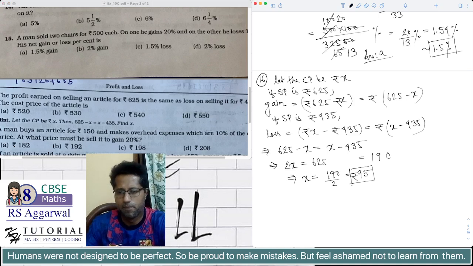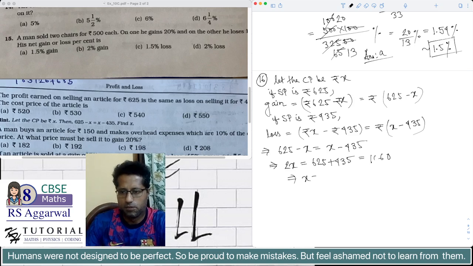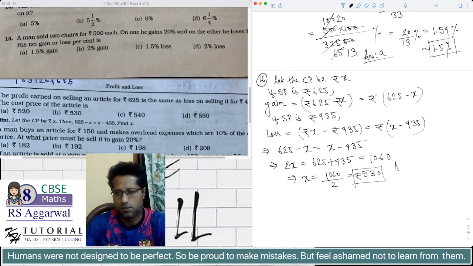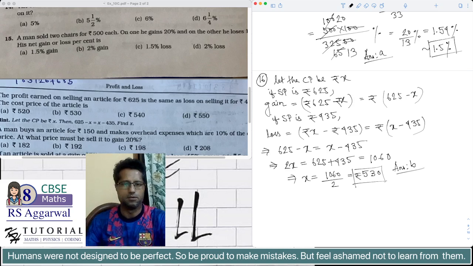This will be 625 plus 435, which is 1060, and therefore X will be equal to 1060 divided by 2, which is equal to 530. So the cost price is rupees 530, and hence the correct choice is B. B is the correct choice.